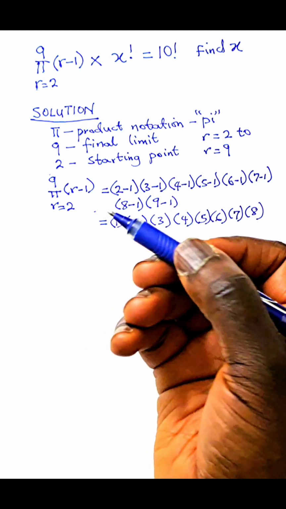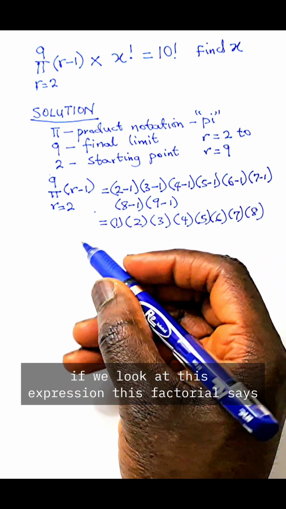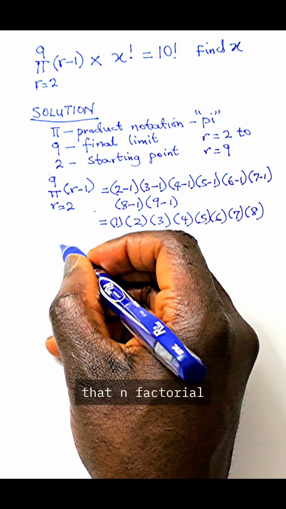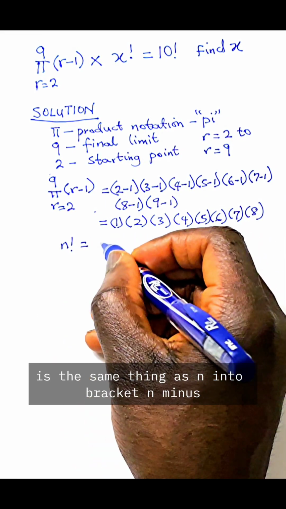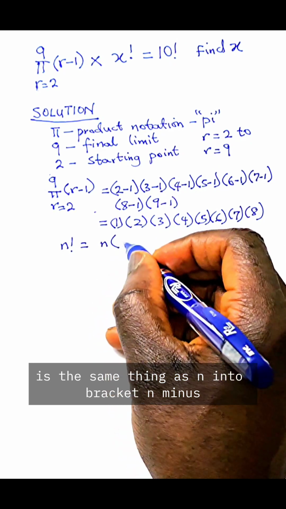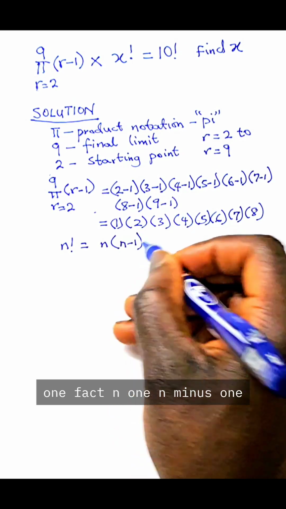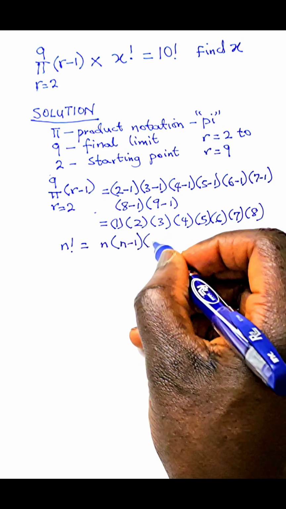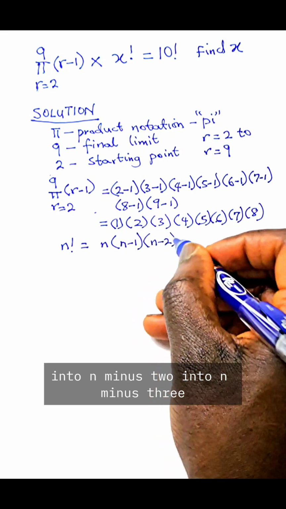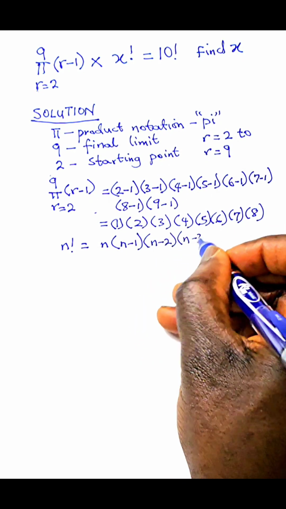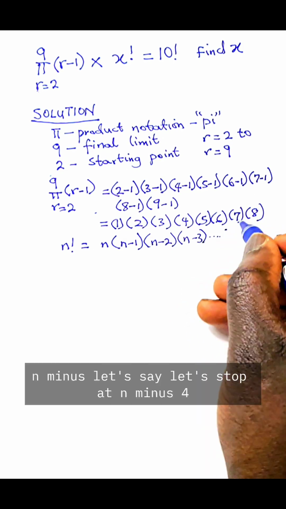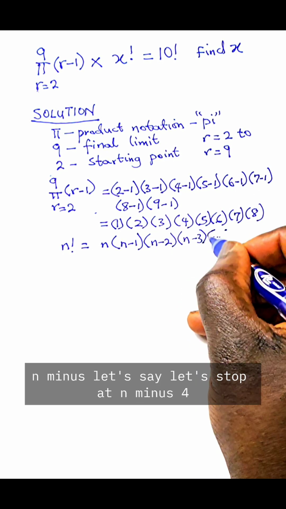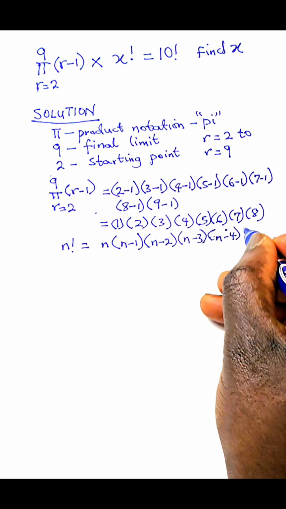And if we look at factorial, n factorial is the same thing as n times (n minus 1) times (n minus 2) times (n minus 3) and so on. Let's stop at n minus 4 factorial.